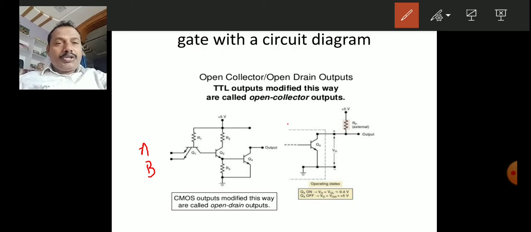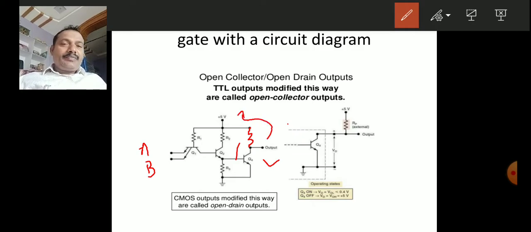This is the output, Q2 output here. This Q2 output is connected to the base of Q3. Then Q3 is also off, because it is connected to a pull-up resistor here. Because it is off, this output is connected to the power supply.